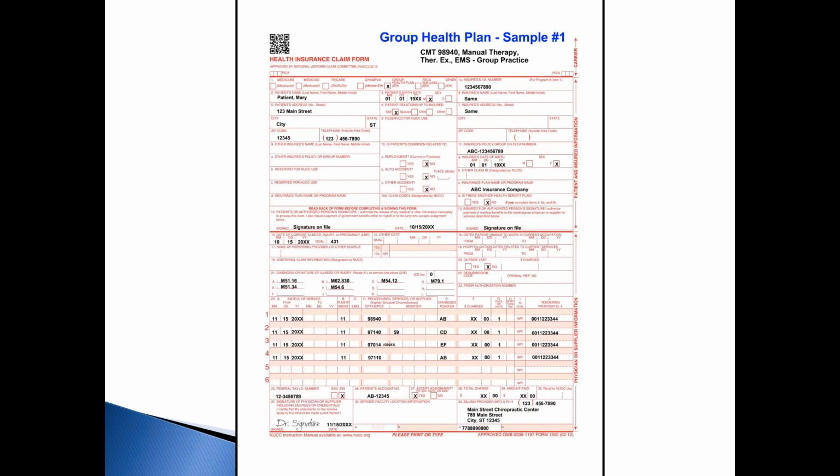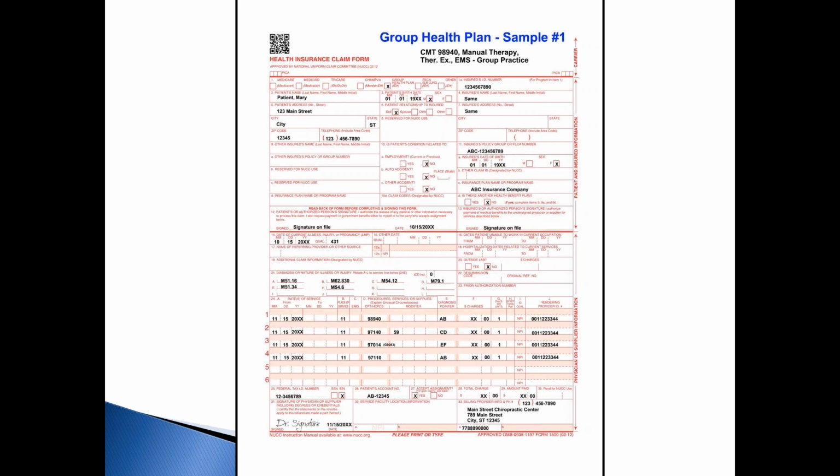Okay, so back to the therapeutic procedures. Let me show you a claim here. If you take a look at the second line item, you'll see 97140 with a 59 modifier, and that's pointing to a separate anatomic site than the chiropractic adjustment. That's why I have the 59 modifier, that's why I have a separate diagnosis, and that meets the CCI edit rule.